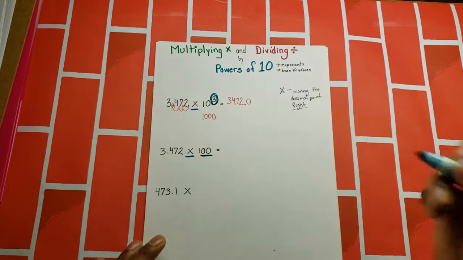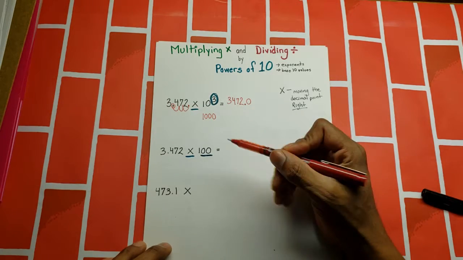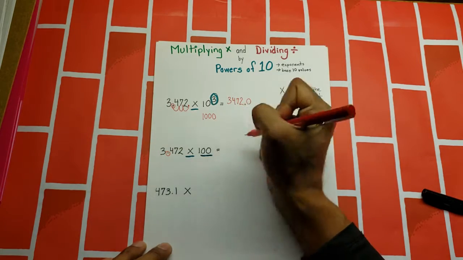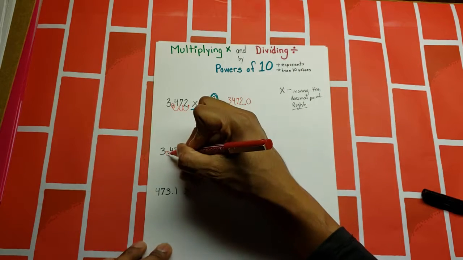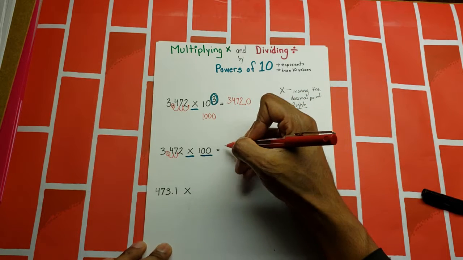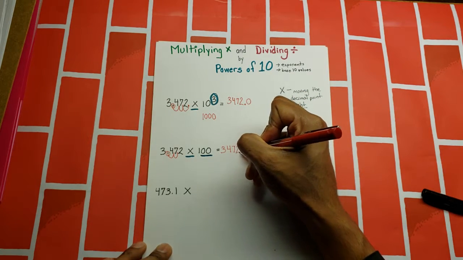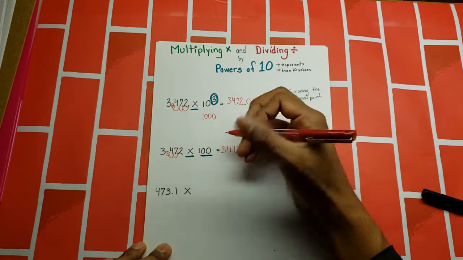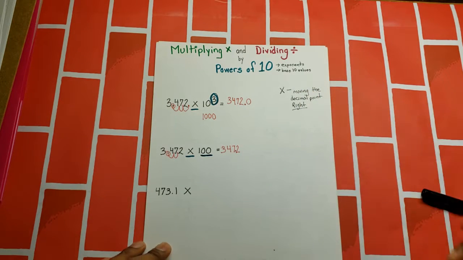So let's find our decimal and let's draw out the jumps. 2 zeros, so I'm shifting 2 place values to the right. 1, 2. Let's rewrite the number: 3, 4, 7, 2. And my decimal place last was seen between the 7 and the 2.